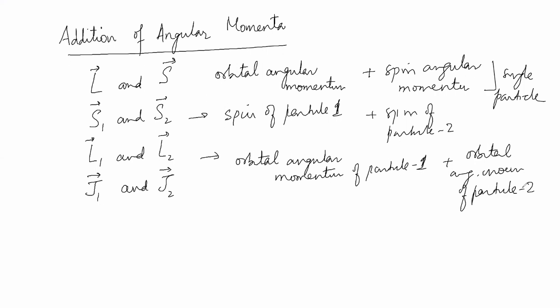And then if you have total angular momentum of the particle 1 and total angular momentum of the particle 2, total angular momentum consists of orbital angular momentum and spin angular momentum of the particle 1 and orbital and spin angular momentum of particle 2, and then you are combining these two angular momenta to get the total angular momentum of the system. Therefore, here there are two particles and you are interested in the total angular momentum of the system.